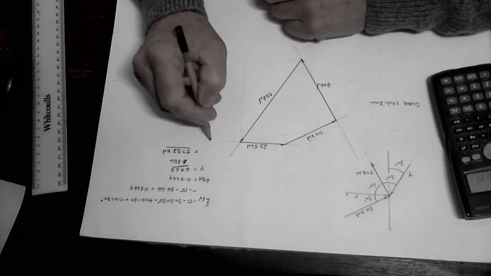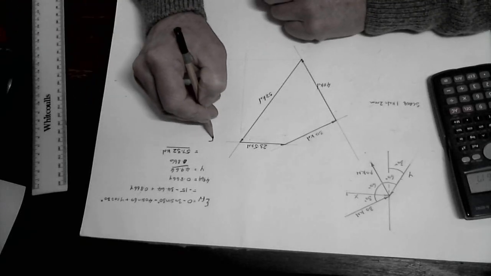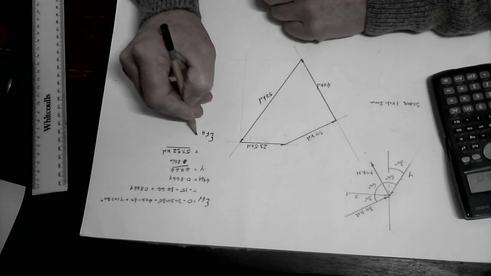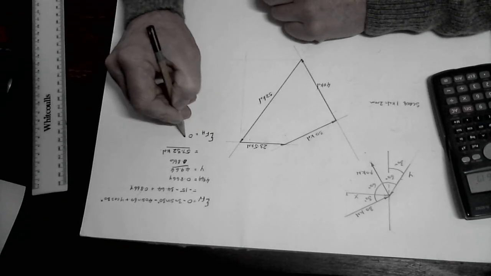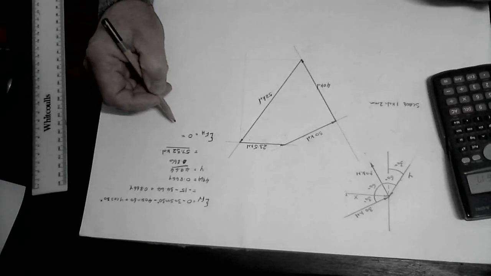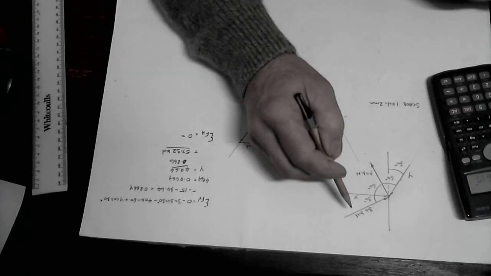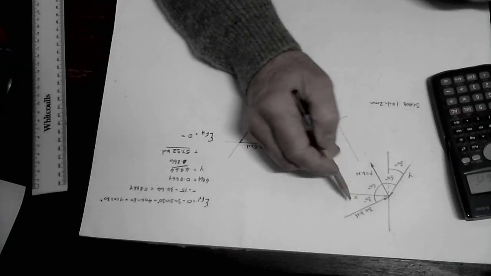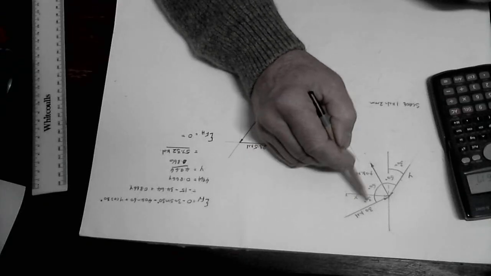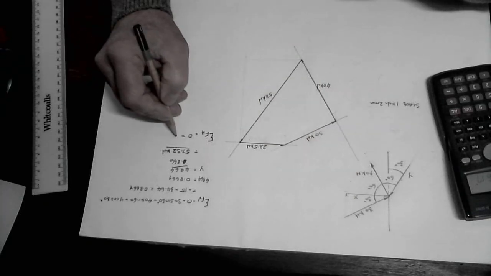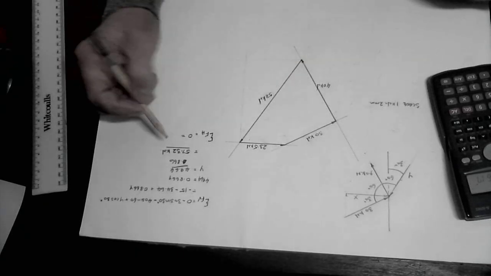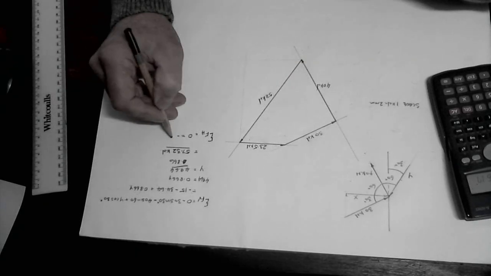So, sum of all the horizontals is equal to 0. If we start again at the same point, we have 30 cos 30, and that's also negative because it's heading from right to left, minus 30 cos 30.